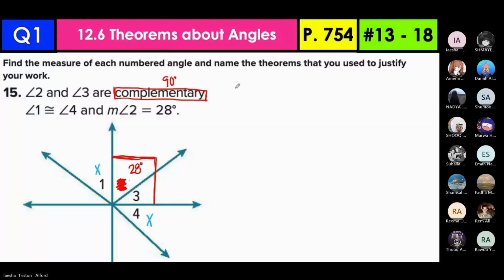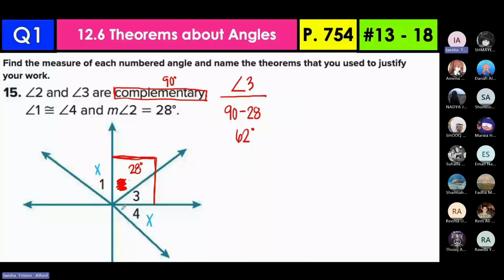It's complementary, making it 90 degrees. So you subtract 28 from 90. So if we want the measure of angle 3, we're going to do 90 subtract 28, which gives you 62 degrees.